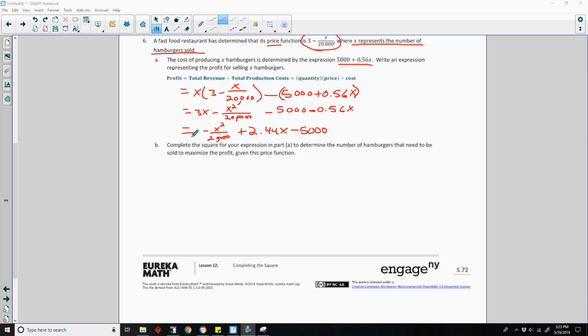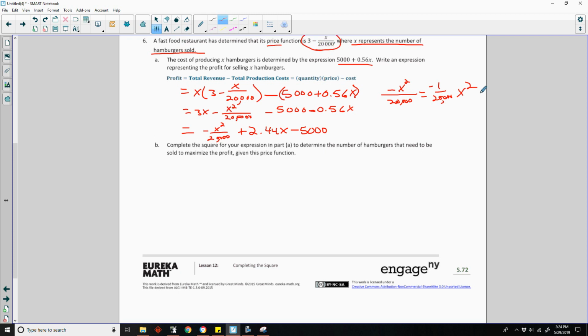Part B says to complete the square for your expression in Part A, to determine the number of hamburgers that need to be sold to maximize the profit given the price function. So if you look at this right here, negative x squared over 20,000 is equal to a negative 1/20,000ths times x squared.